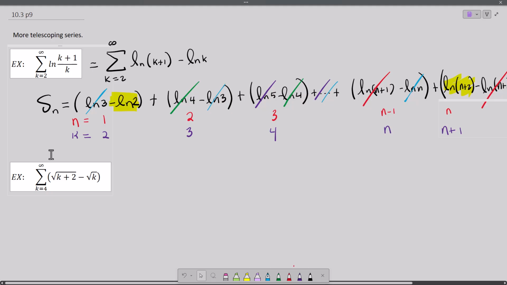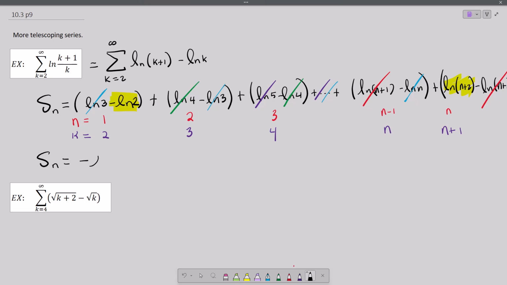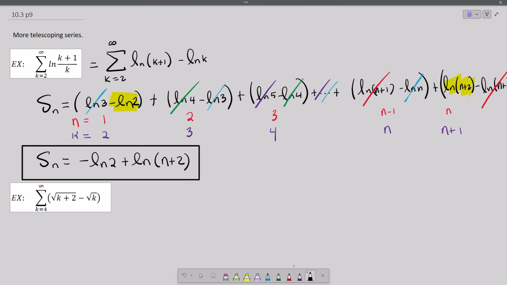Let's get a little more space in there. So that tells us that the formula for S sub n will equal minus natural log of 2 plus natural log of n plus 2. So that is our first goal, to come up with a formula for S sub n. There is our formula for S sub n.